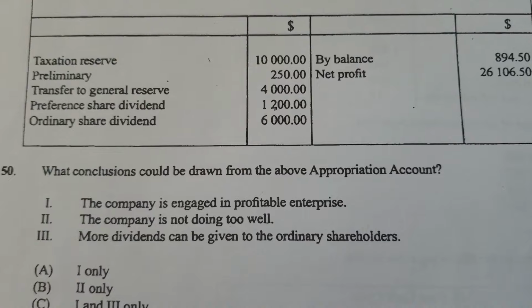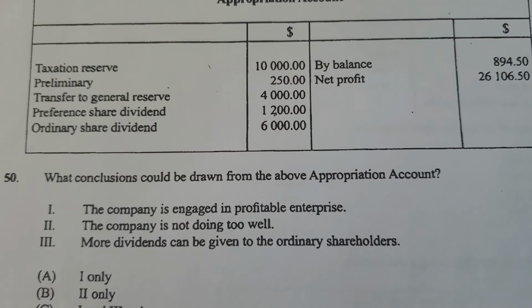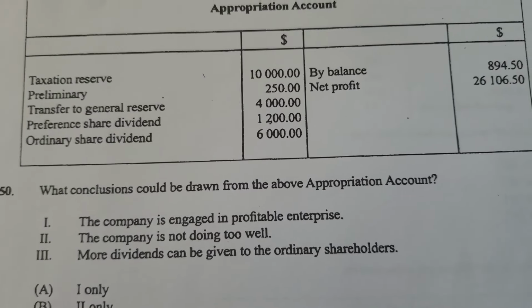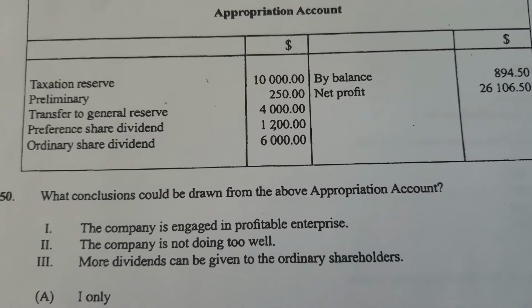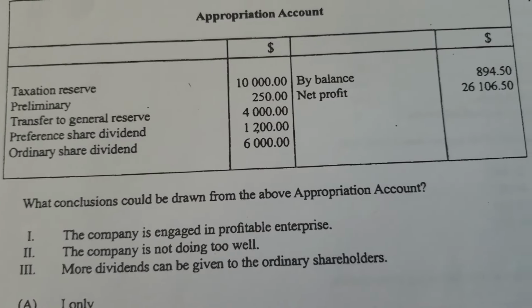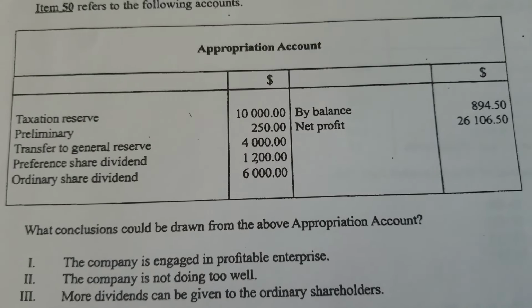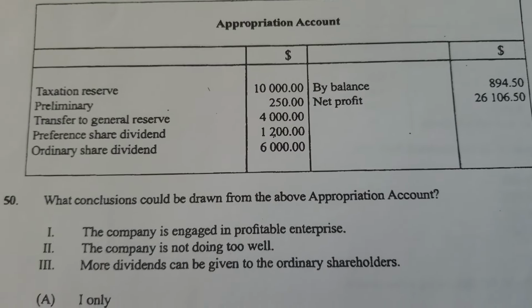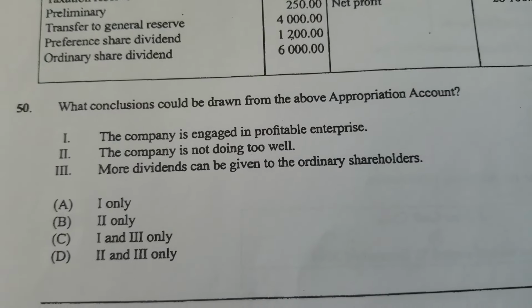The company is not doing well. And the third option is more dividend can be given to the ordinary shareholders. All right, we're sticking with one only. The company is engaged in a profitable enterprise. Why? Look at it, the net profit is $26,106. So it's a profitable enterprise.